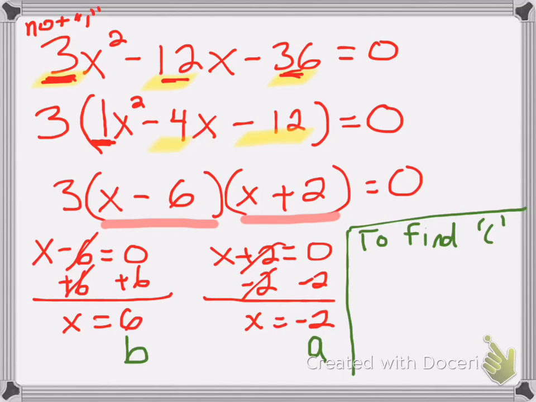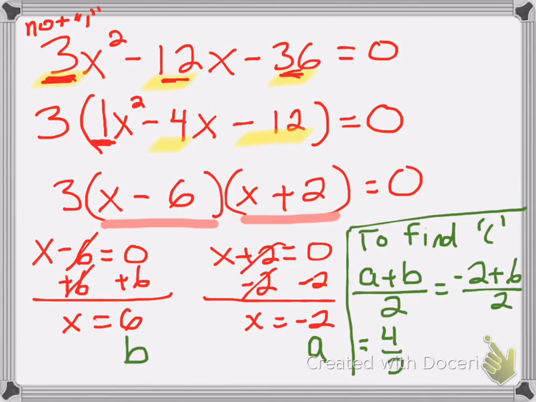here's what you do. You take A plus B and divide that by 2. This is the part in that problem I said, this is really simple. Okay? Well, that's basically negative 2 plus 6 divided by 2, which is equal to 4 divided by 2, which is equal to 2.